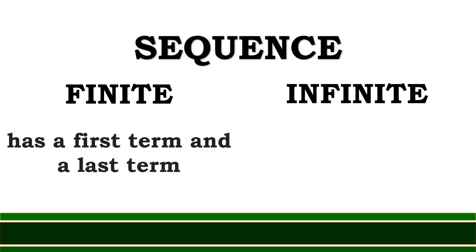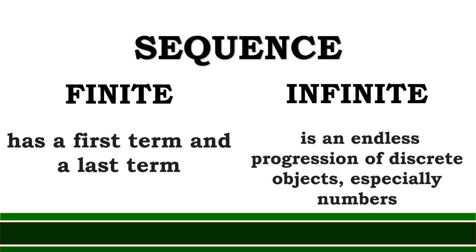Sequence also can be finite or infinite. When we say finite, it has a first term and the last term in its sequence. When we say infinite, it is an endless progression of discrete objects, especially in numbers. So let us try this one.